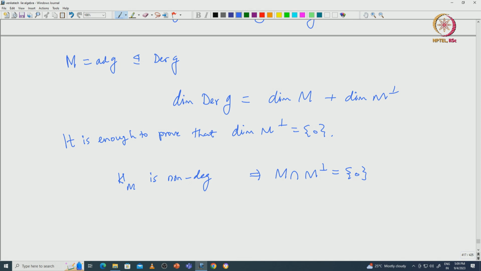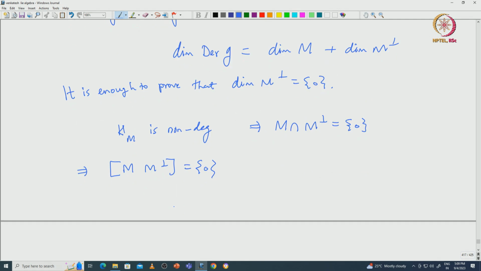And now this will imply that the bracket of m and m perp must be 0, because the bracket of m and m perp lies inside m intersection m perp.